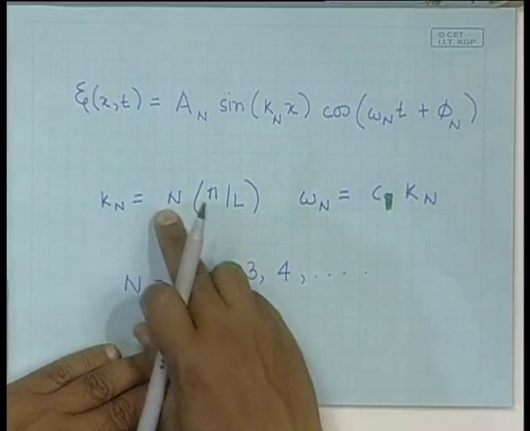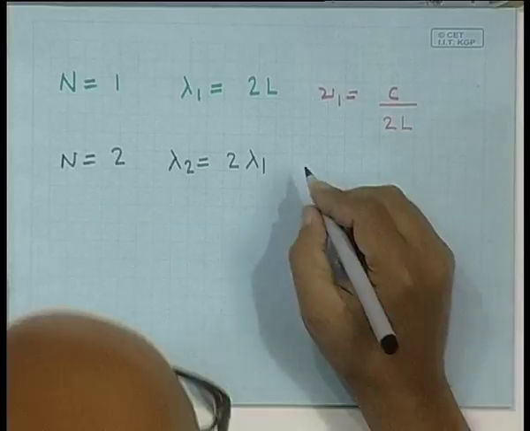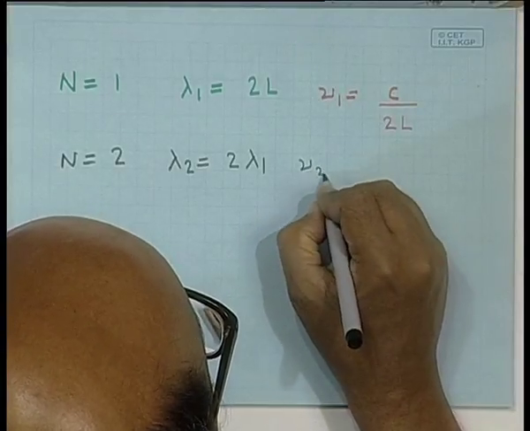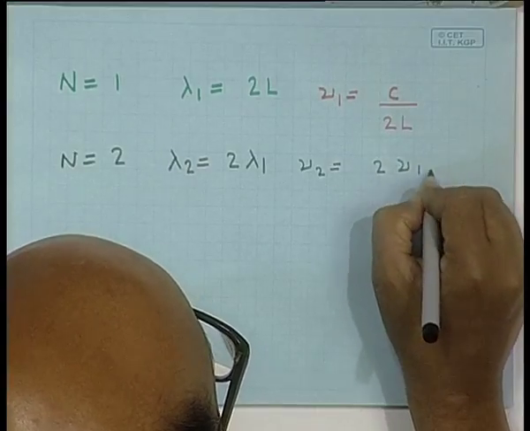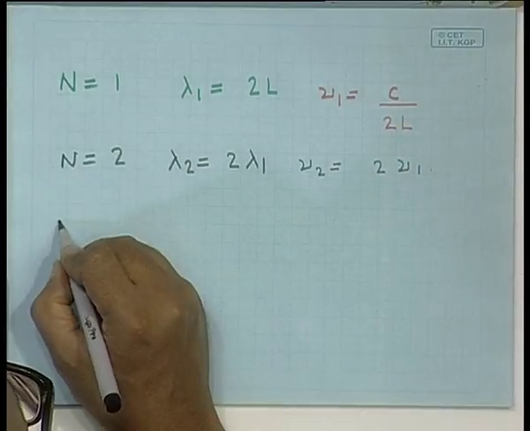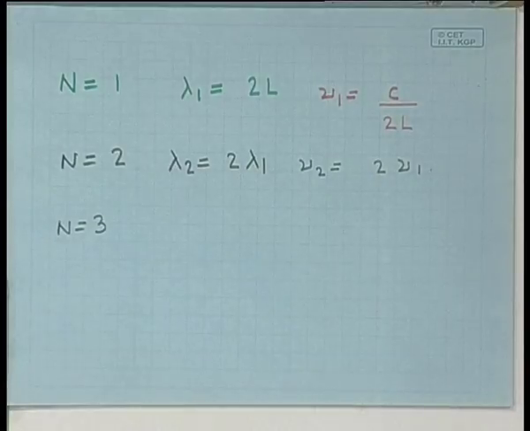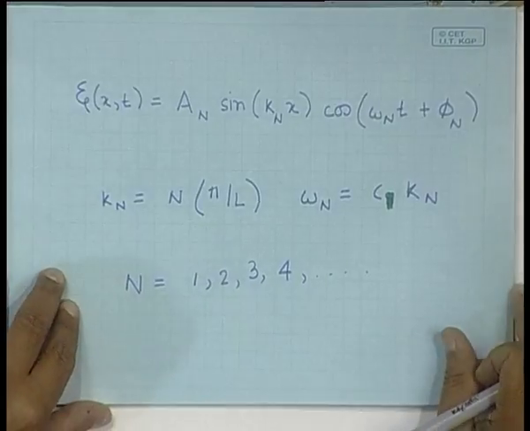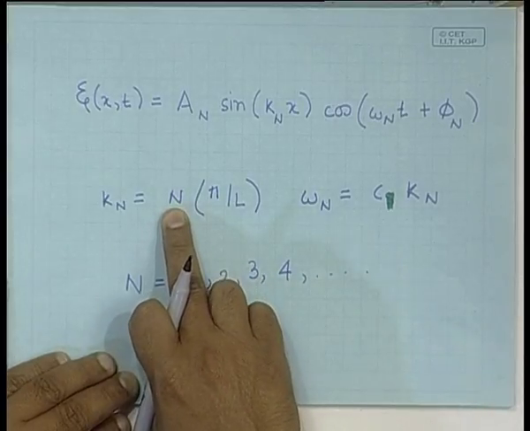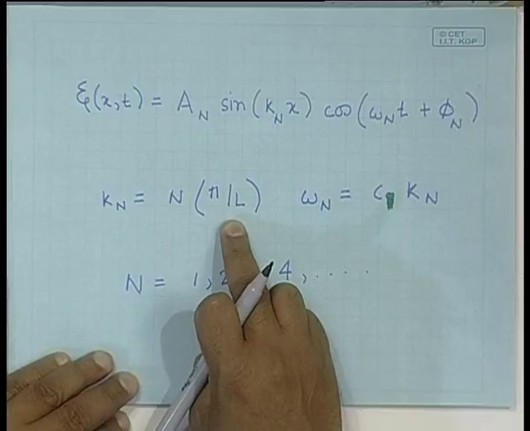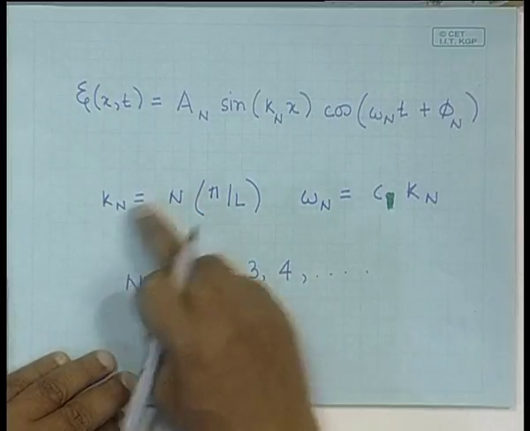So, for n equal to 2, the frequency is going to go up twice. So, nu 2 is equal to twice nu 1. N equal to 3, again let me show you the expression, n equal to 3. So, the wave number is 3 pi by L, and 2 pi divided by the wave number gives the wavelength.